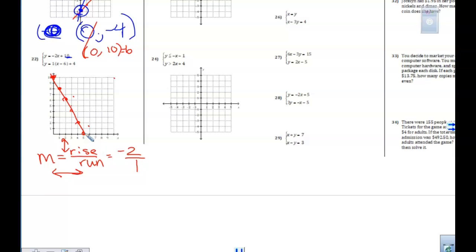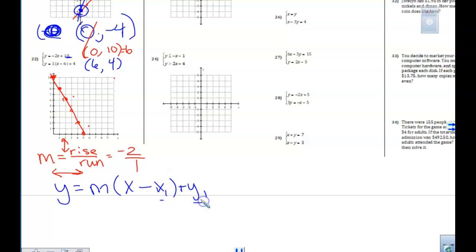Grace, are you ready to help me with the second equation for my start point? Start point is where? Because it's in point-slope form. Is it negative 6, 4 or is it 6, 4? 6, 4. Because remember, point-slope form is m times x minus x1 plus y1.